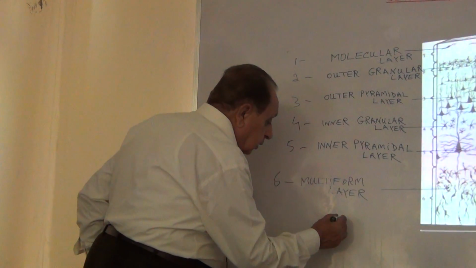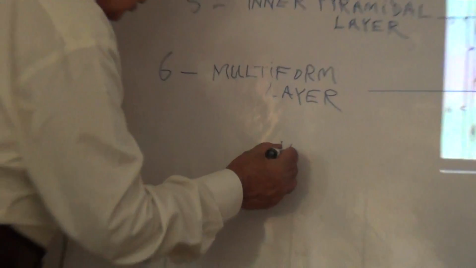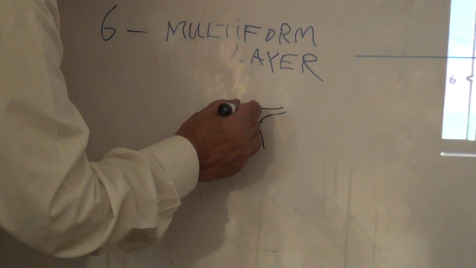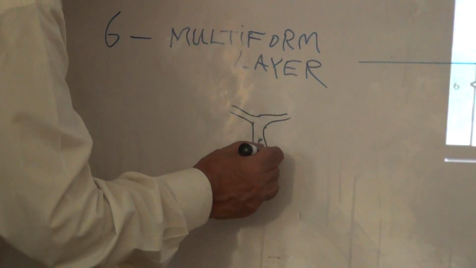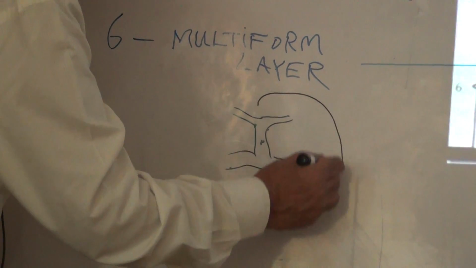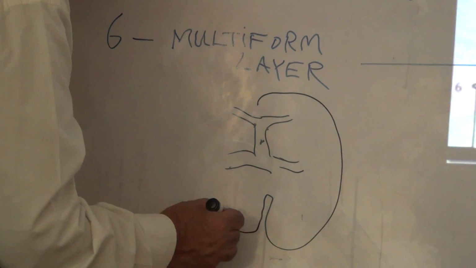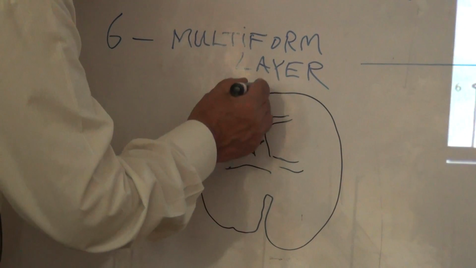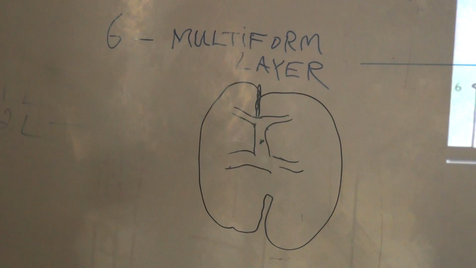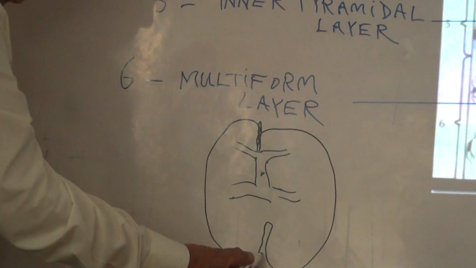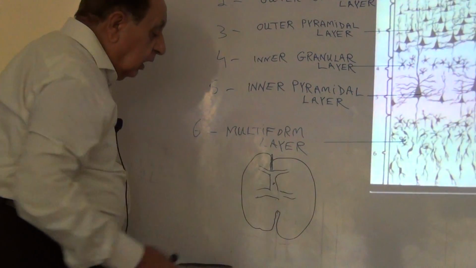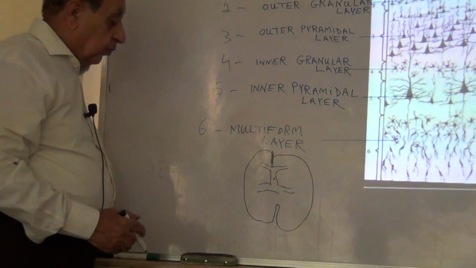Now here is the grey matter, the anterior commissure and the posterior median sulcus. We studied in the spinal cord that the anterior median fissure ends before reaching the grey matter in the center.